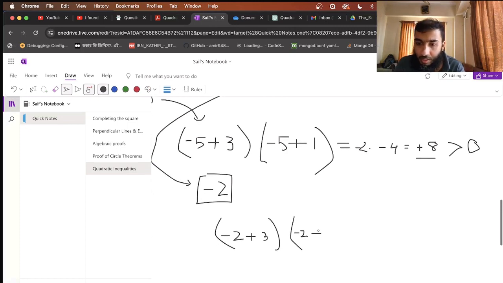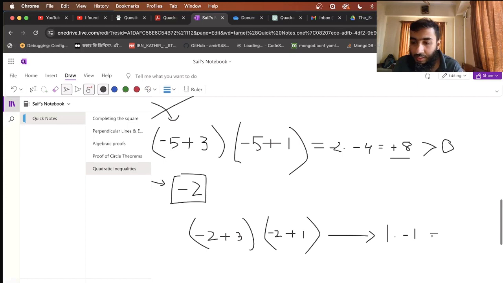What is the result of this? Minus 2 plus 3 is 1, and minus 2 plus 1 is minus 1. So this results in minus 1, which is less than 0.